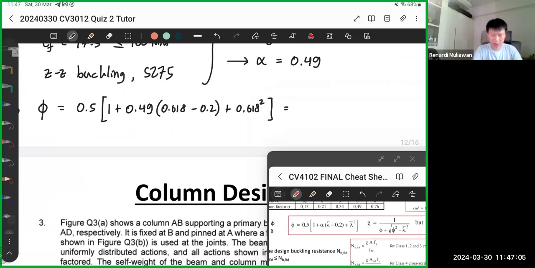Therefore, you get 0.5 times 1 plus 0.9, and so you will get 0.793.